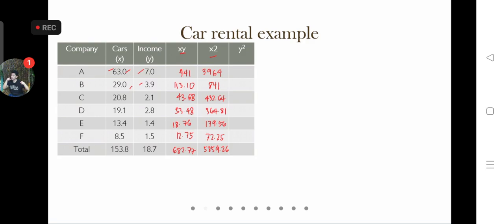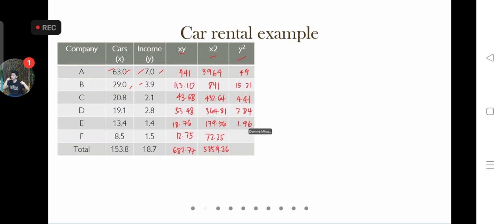Okay, let's proceed to Y squared. 7 squared is 49. 3.9 squared is 15.21. 2.1 squared is 4.41. 2.8 squared is 7.84. 1.4 squared is 1.96.